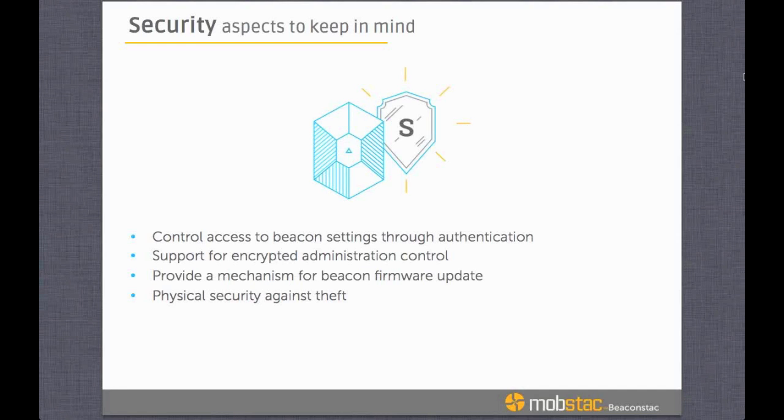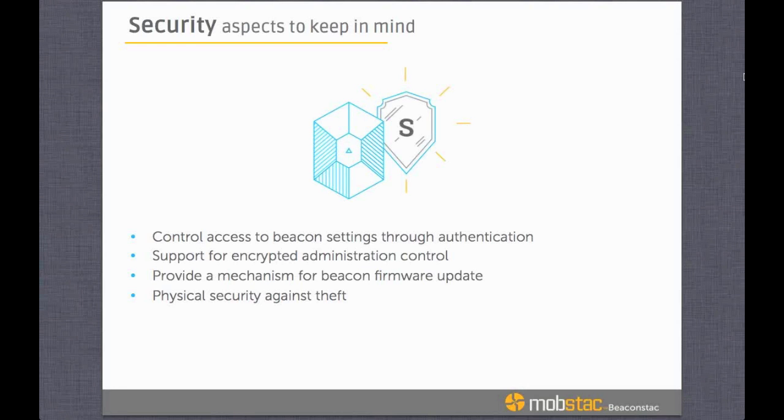It will matter when you have 500 beacons, or even 1,000 beacons, or even 200 beacons for that matter, that you're able to update firmware on the fly when they're out there in the field. It isn't really realistic to go to every single beacon and update their firmware in a very manual way. So this will become pretty important, and that is something to keep in mind from a security angle.